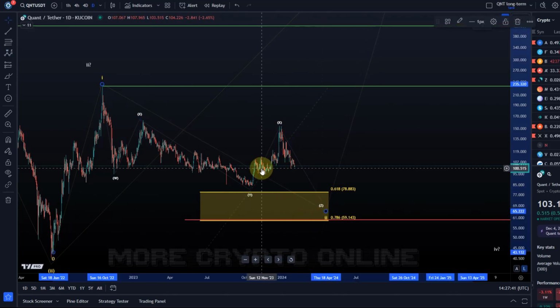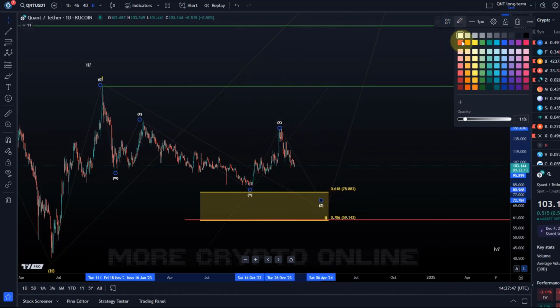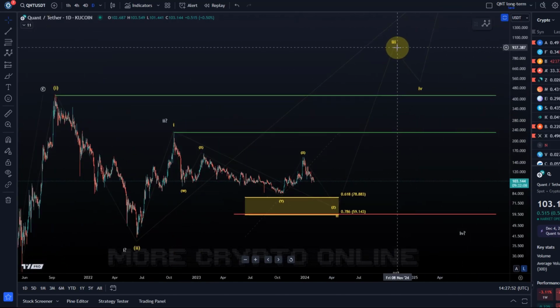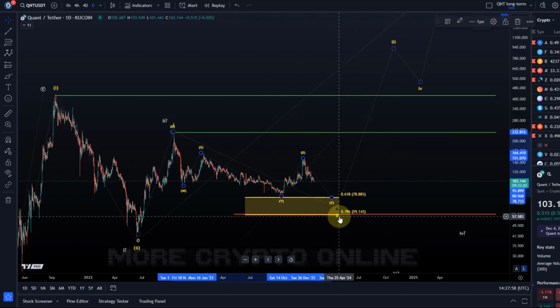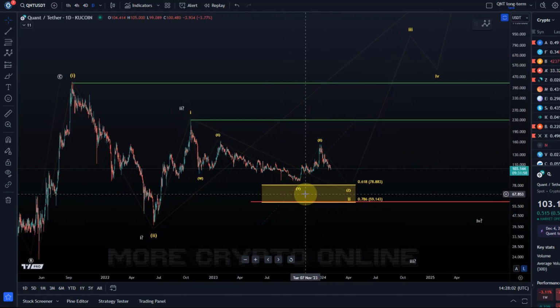Why? Because from this low, there's nothing impulsive. And if the next wave to the upside really is a third wave, which it should be ideally in a bullish scenario, then we should see something impulsive. I don't see that at this stage. So I definitely need to keep this door open for lower prices, looking at the latest price action.